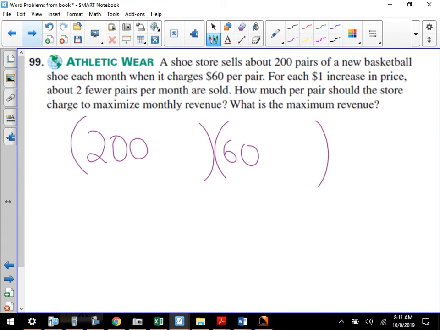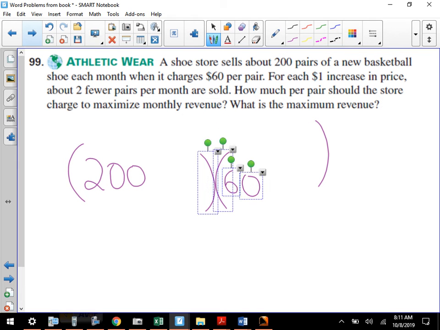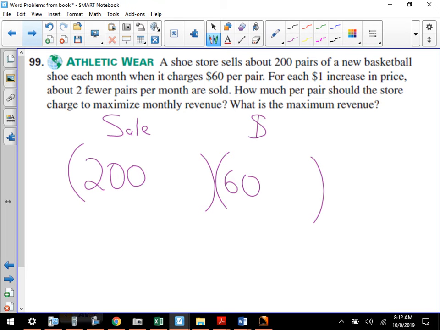Now it says for each $1 increase in price, 2 fewer pairs are sold per month. So when you're looking at this style, you've got two basic factors going on. You have sales, like sale units, and you have price. Now, there's a common multiplier occurring within these.